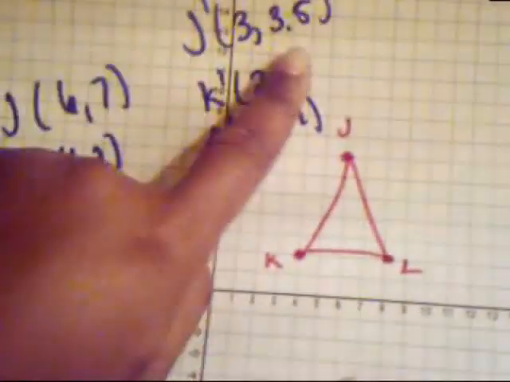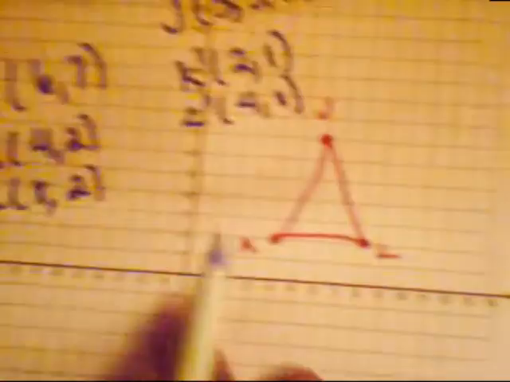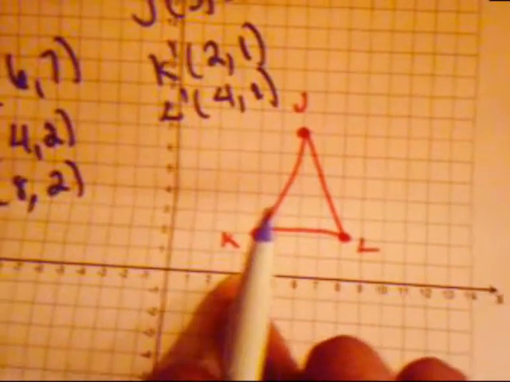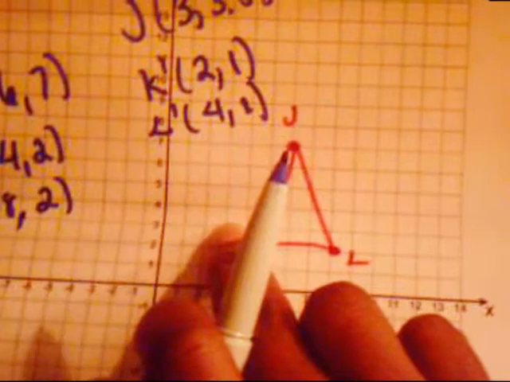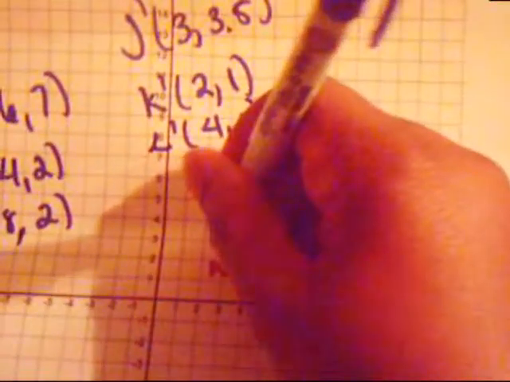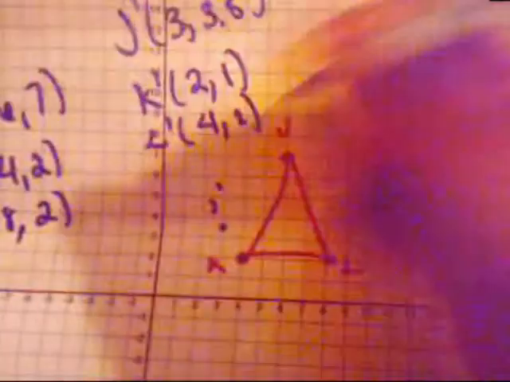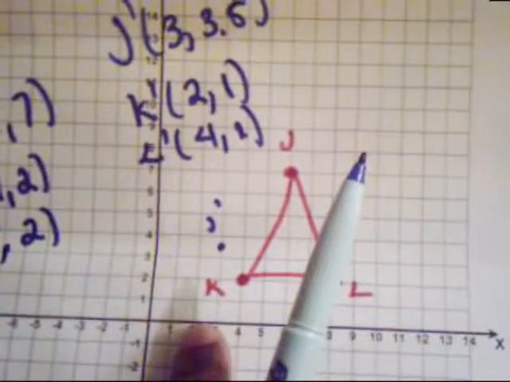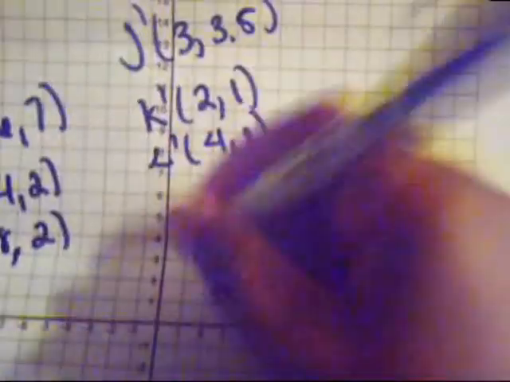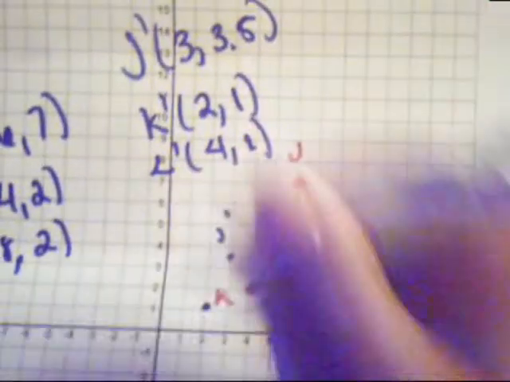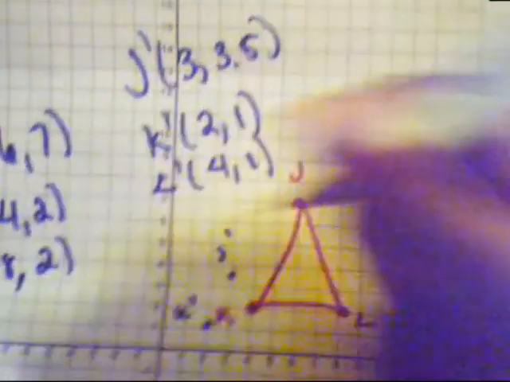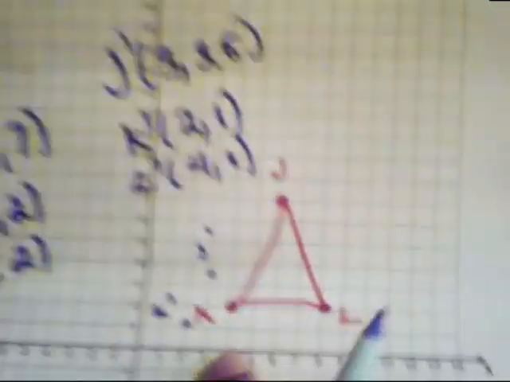We'll graph 3, 3.5, so we'll go over 3 and up 3.5. So there's J prime. Let's graph 2, 1. We'll go over 2 and up 1. There's K prime. And then 4, 1, go over 4 and up 1.